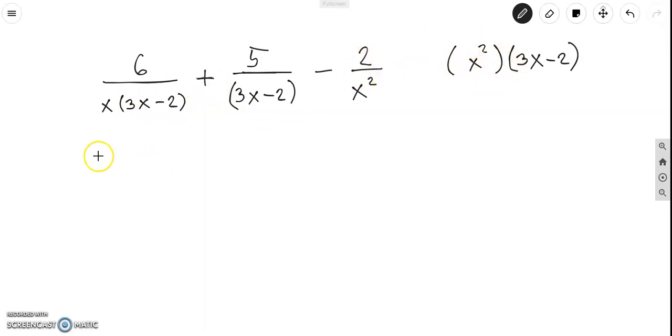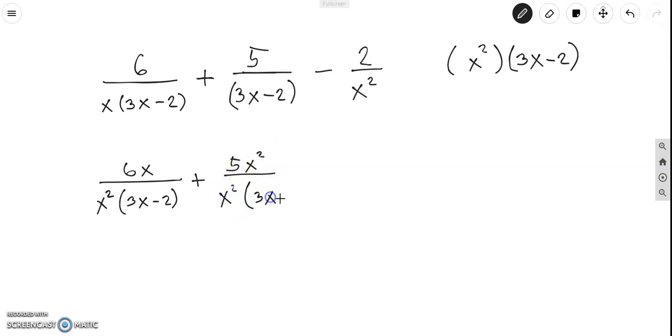You will have 6x over x squared times 3x minus 2, plus 5x squared over x squared times 3x minus 2, minus 2 times 3x minus 2 all over x squared times 3x minus 2.